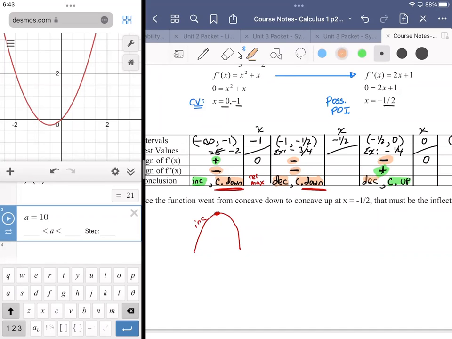Right. So decreasing followed by concave up, that's all well and good. It's the change in concavity that matters here. It goes from being concave down to concave up. Changing concavity means that we're dealing with a point of inflection.